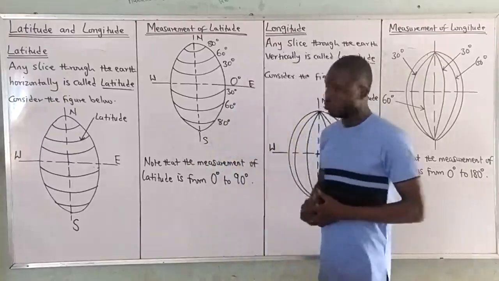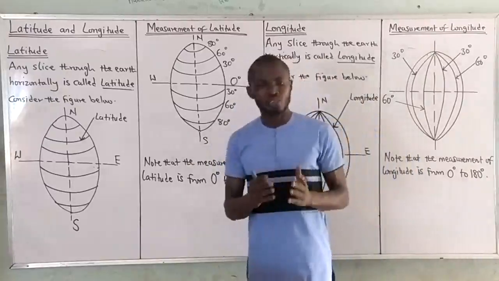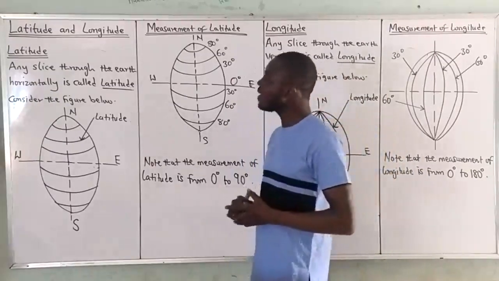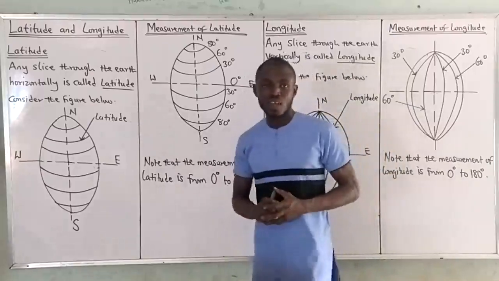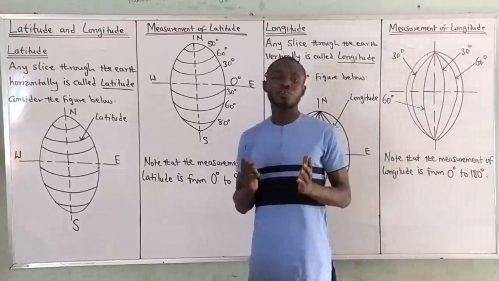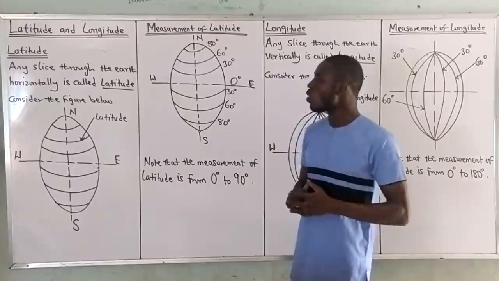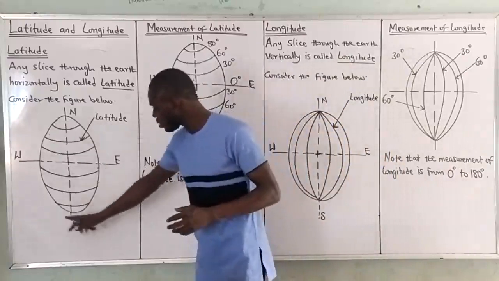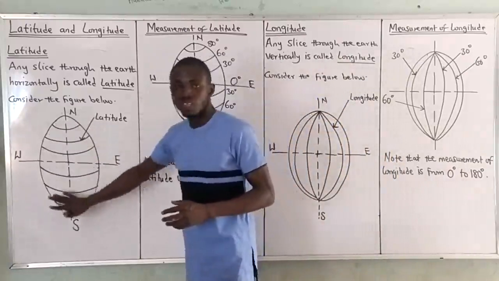Let's start with latitude. Now what do we mean by latitude? That is a very important question. Any slice, I repeat, any slice through the Earth horizontally is what we call latitude. Let this represent the Earth's surface.